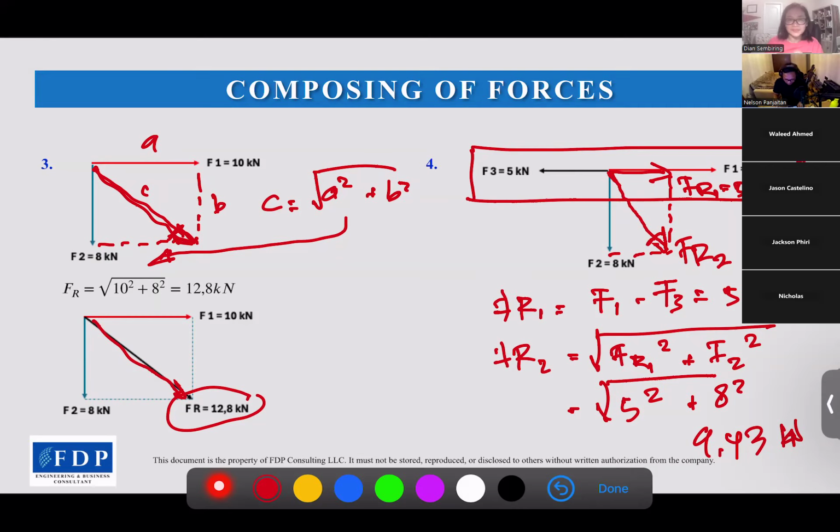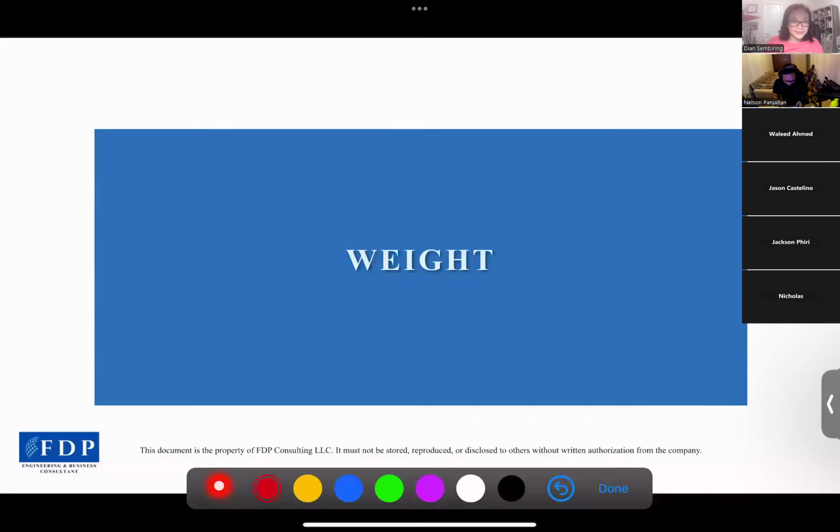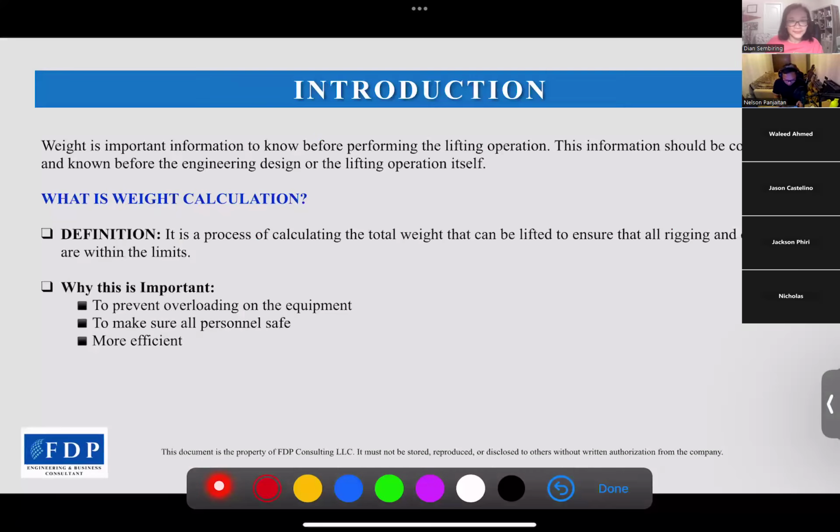So we continue with the weight calculation. It's not really complicated, but some of them are tricky. Weight is important information to know before performing the lifting operation. Like I mentioned before, there are three main things we should know before doing lifting engineering.